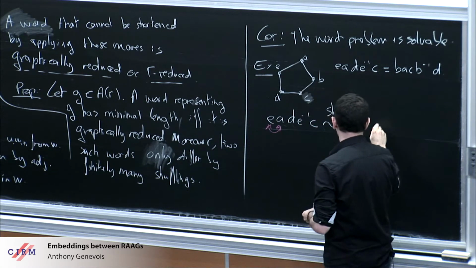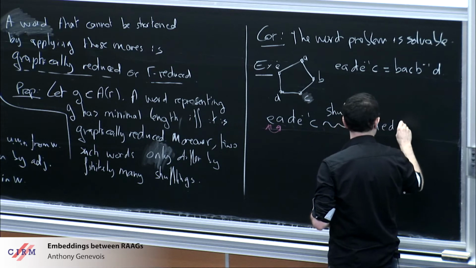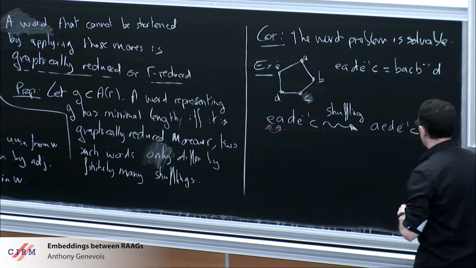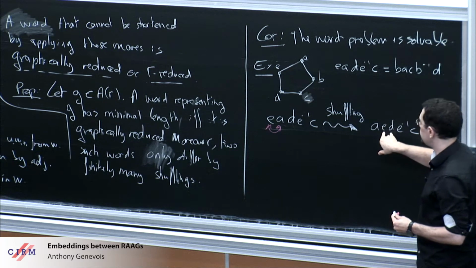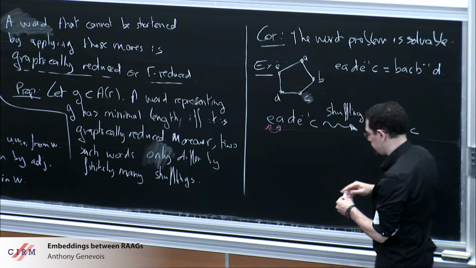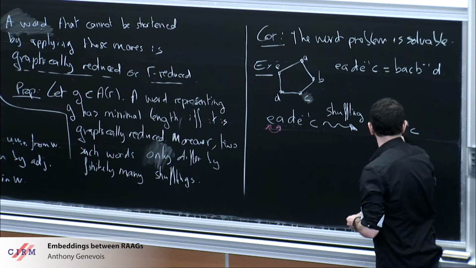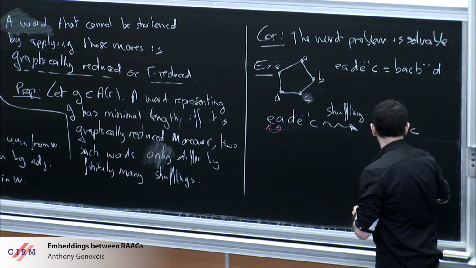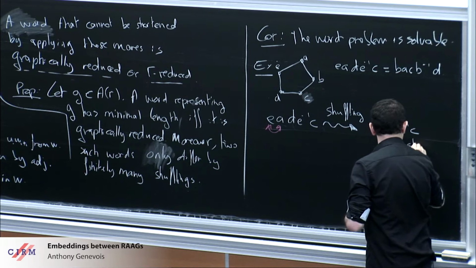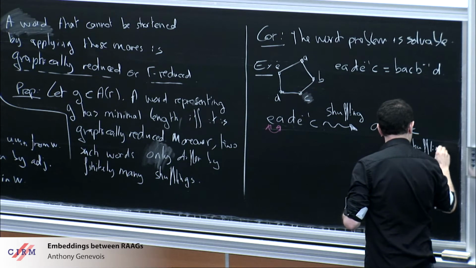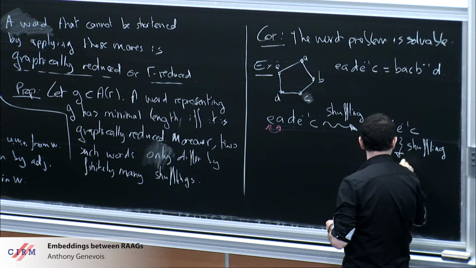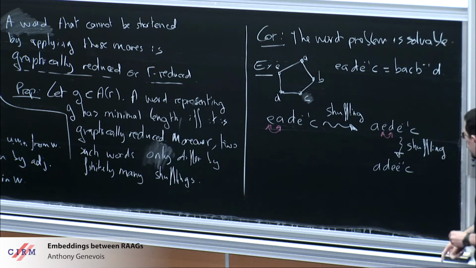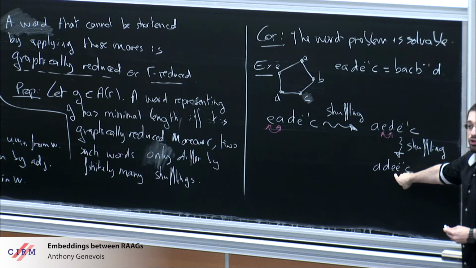And I obtain A E D E^{-1} C. I can also switch E and D, because E and D are adjacent vertices. This is again a shuffling. And I obtain A D E E^{-1} C. Okay, so now I have a reduction.